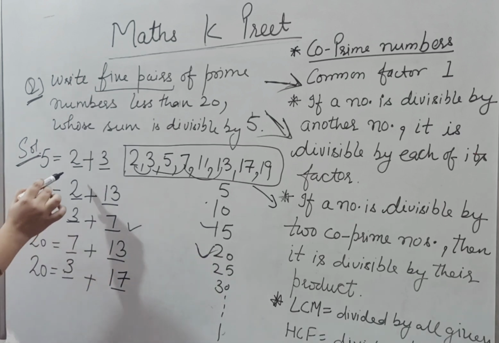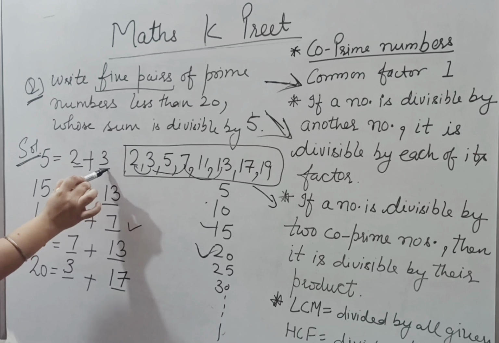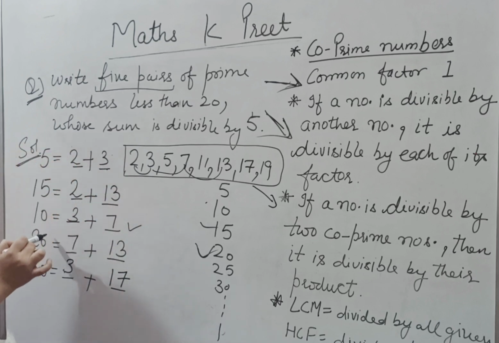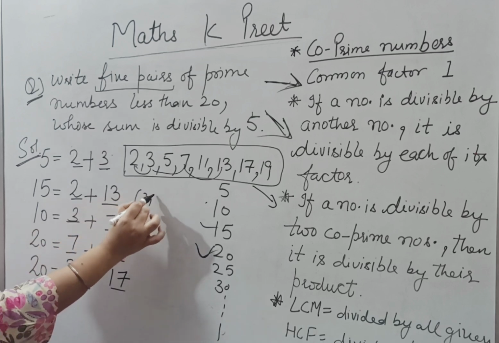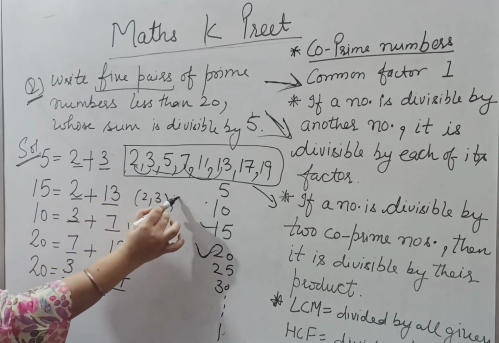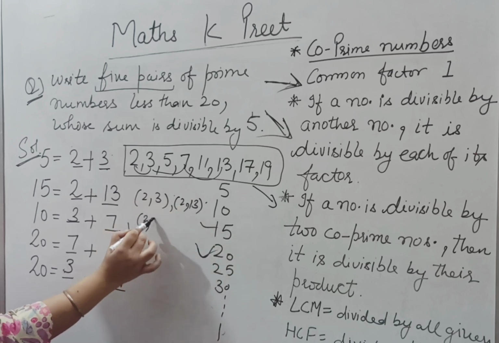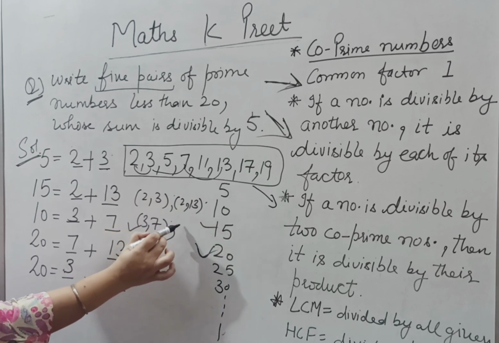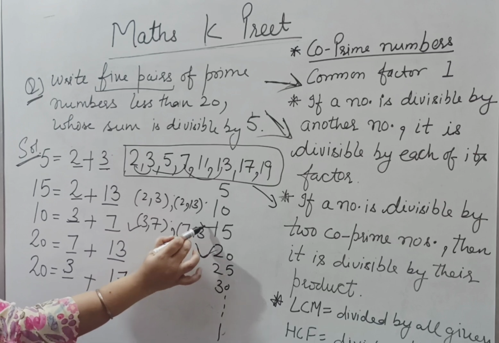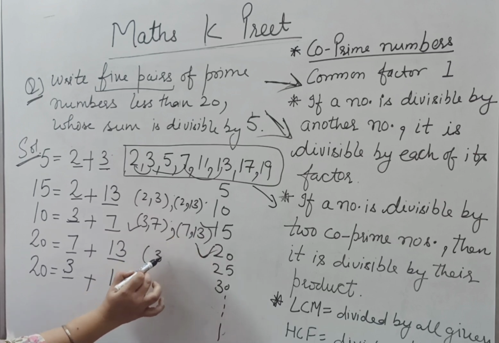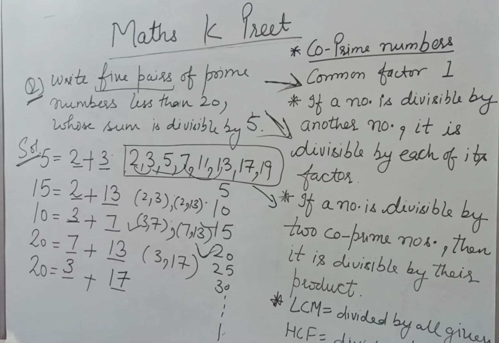So we have created pairs which have only primes and whose sum is divisible by 5. Here we can write the pairs 2 and 3, 2 and 13, 3 and 7, 7 and 13, 3 and 17. This is our answer.